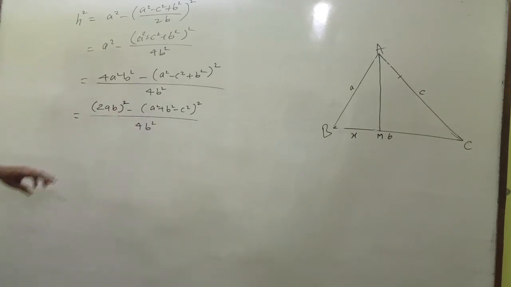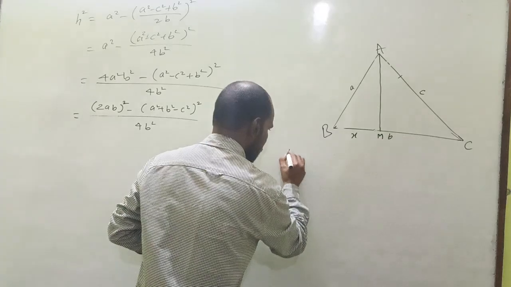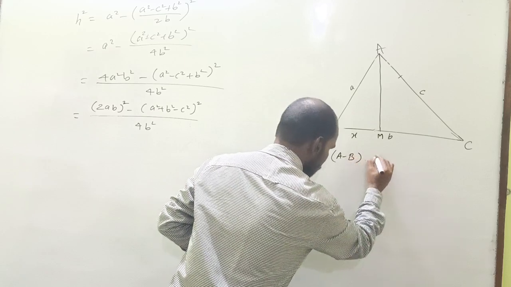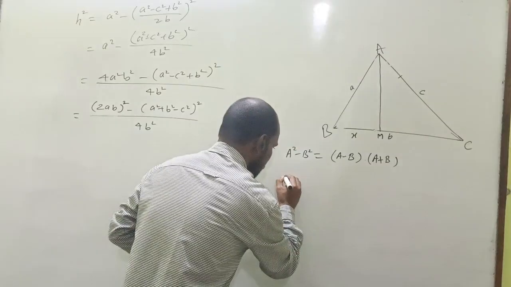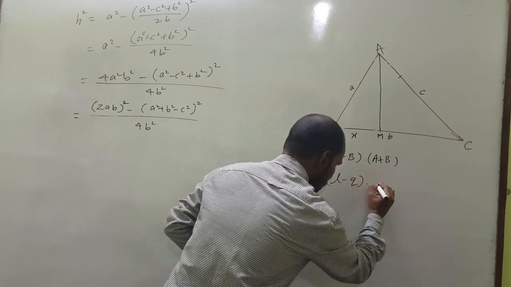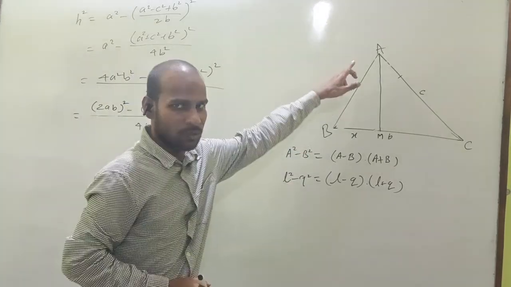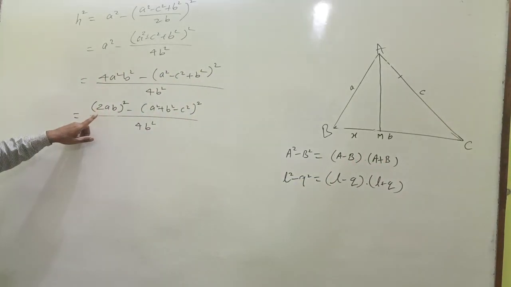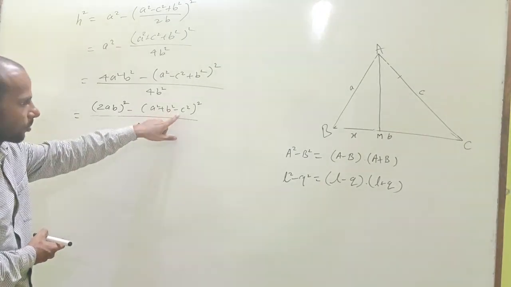Now here we can use the famous formula of the identity, as we all know that a square minus b square is equal to (a minus b) into (a plus b). Or we can write the identity like this, l square minus q square is equal to (l minus q)(l plus q). So you don't get confused, this is the identity, a square minus b square is equal to (a minus b)(a plus b), where the value of a or l is equal to 2ab and the value of b or q is equal to a square plus b square minus c square.